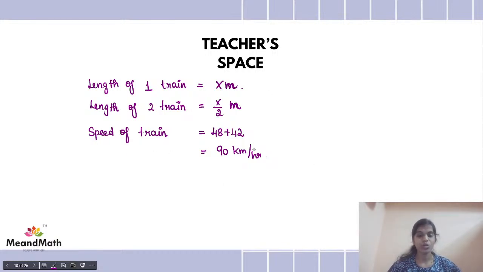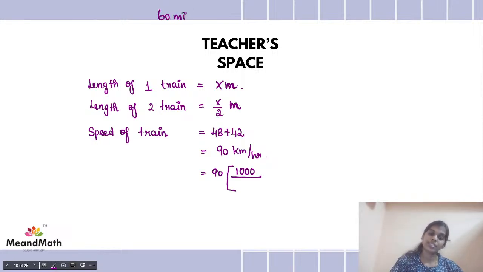What is 1 kilometer? 1 kilometer is 1000 meter, and 1 hour is 60 minutes, and each minute has 60 seconds, so I am converting into seconds.